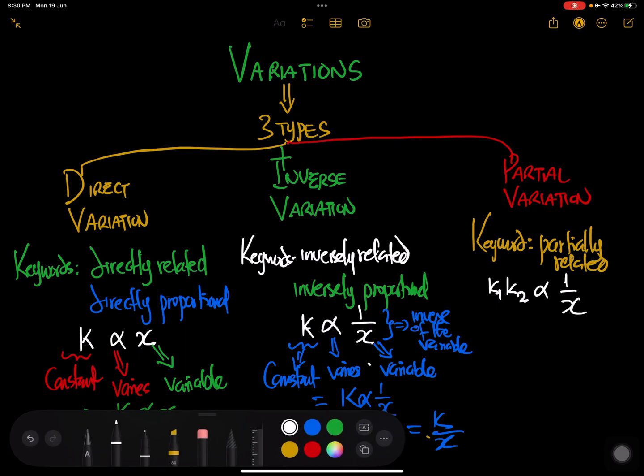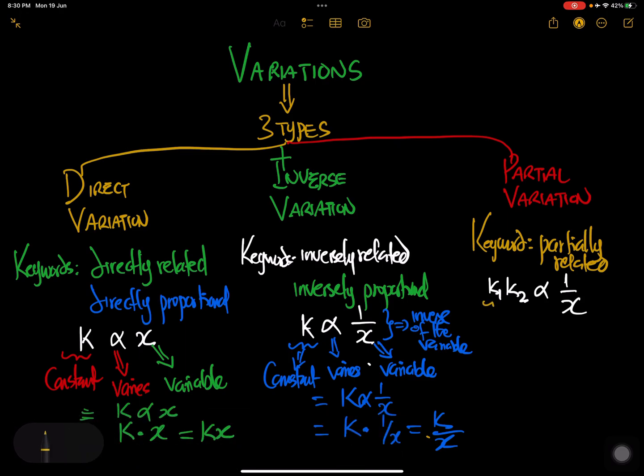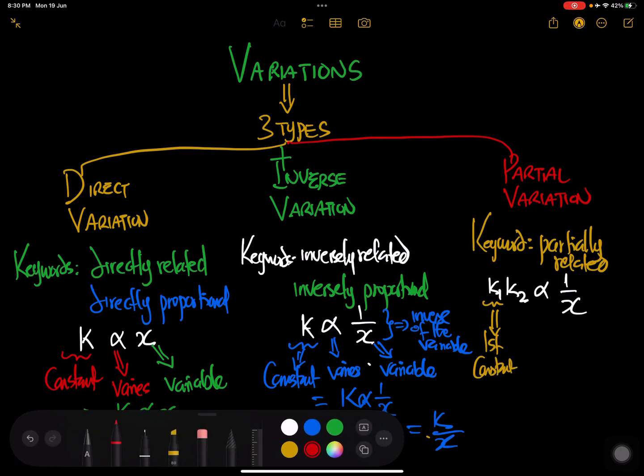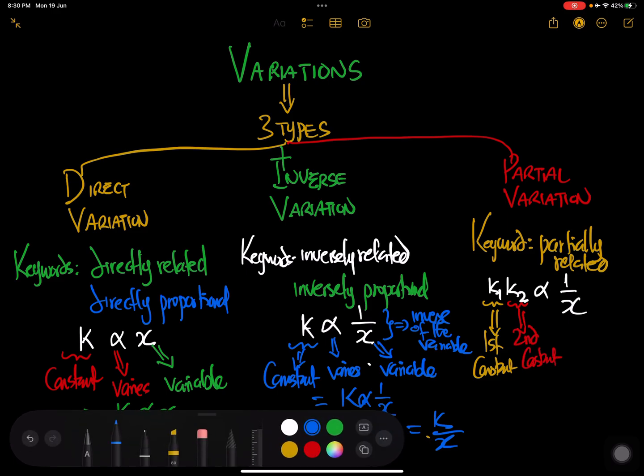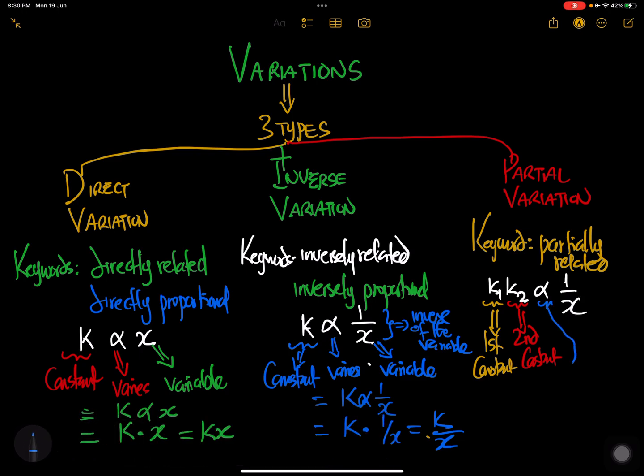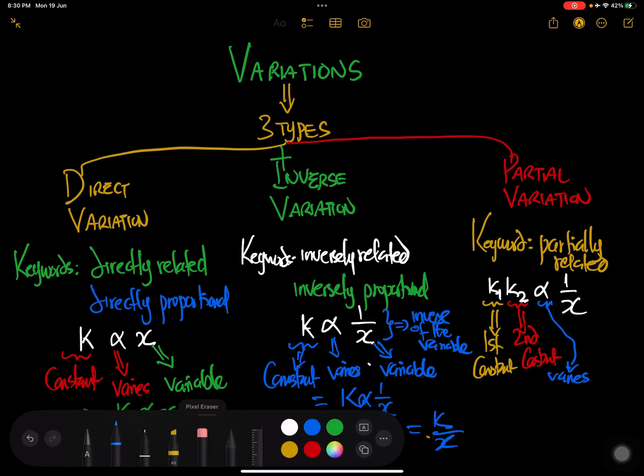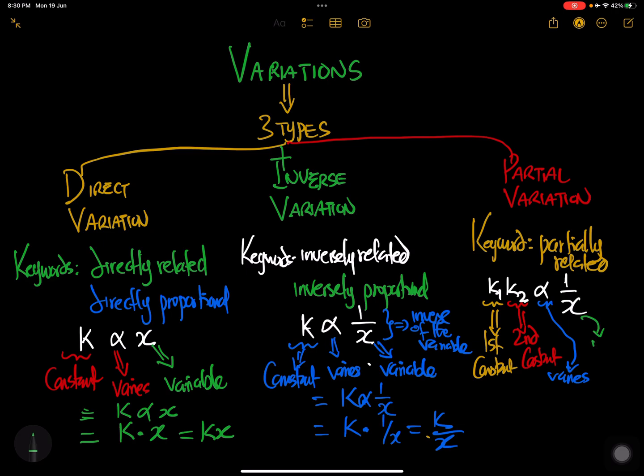So k1 is our first constant, and k2 becomes our second constant. We should still not ignore the variation symbol, and then we're going to have our inverse relation right there.